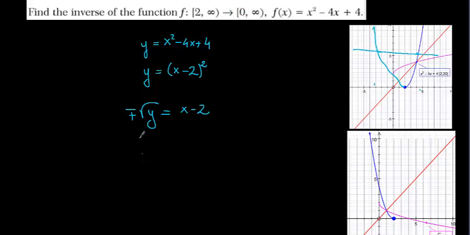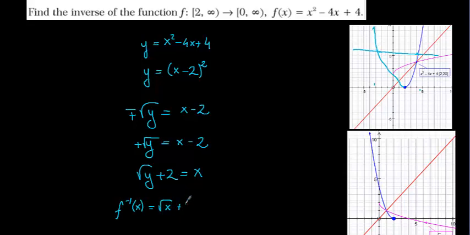So this is going to be plus square root of y is equal to x minus 2, and this is square root of y plus 2 is equal to x. When x is alone, it's going to be the inverse function. So this is equal to f inverse of x. F inverse of x is equal to square root of x plus 2 for this interval.